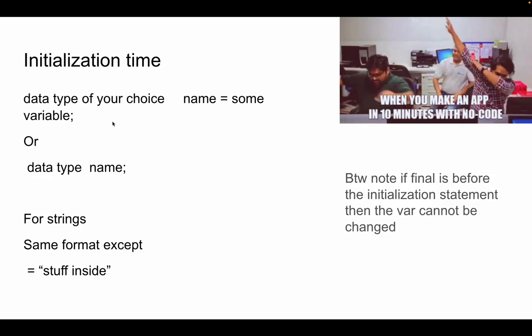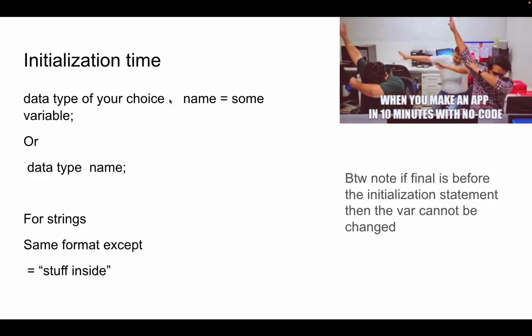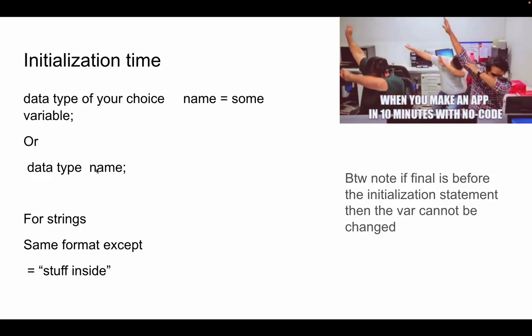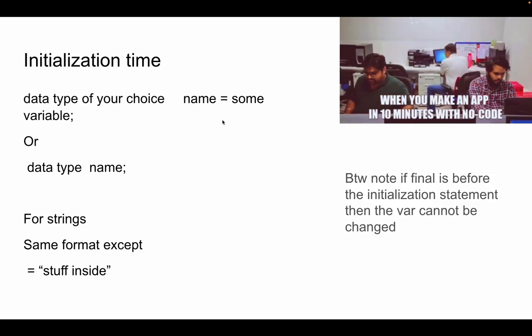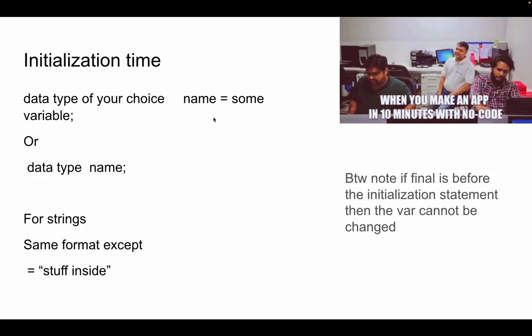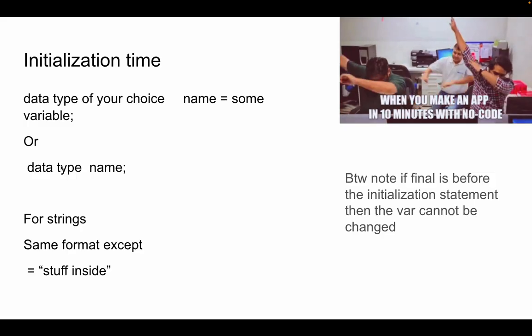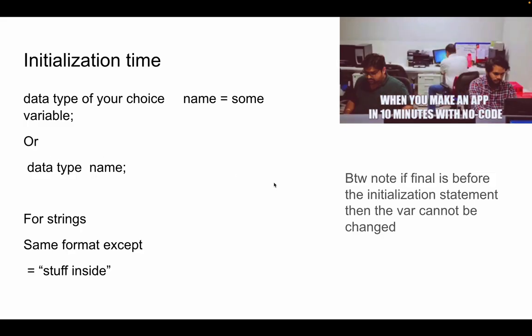It can be equal to another int of that same type, or to an integer itself. So if you want it to be equal to 5, int n equal to 5. Or, in most instances, you can just initialize it and then assign it a value sometime later on. So you can just put the data type, int n, and then your semicolon.